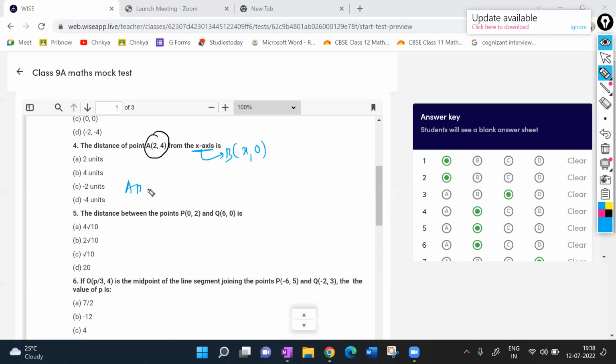I need to find the distance of the point 2 comma 4 from the x-axis, where the point x comma 0 is lying. How do you write it now? This is x1, this is y1, this is x2, y2. So x2 minus x1 whole square plus y2 minus y1 whole square. Correct?